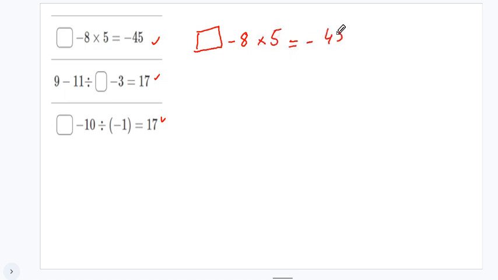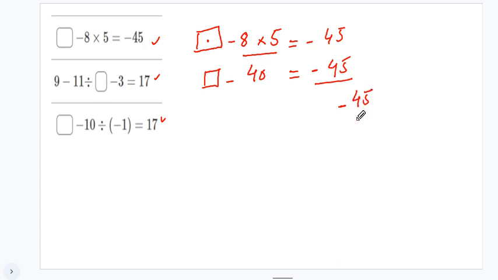All right, so now what we have to do, find this box. Here we have multiplication, that means we need to do multiplication first, that is 40. So now look at which number you will write over here which will give you minus 45. So we need a smaller number, right? What we will do, take away 40 from minus 45.